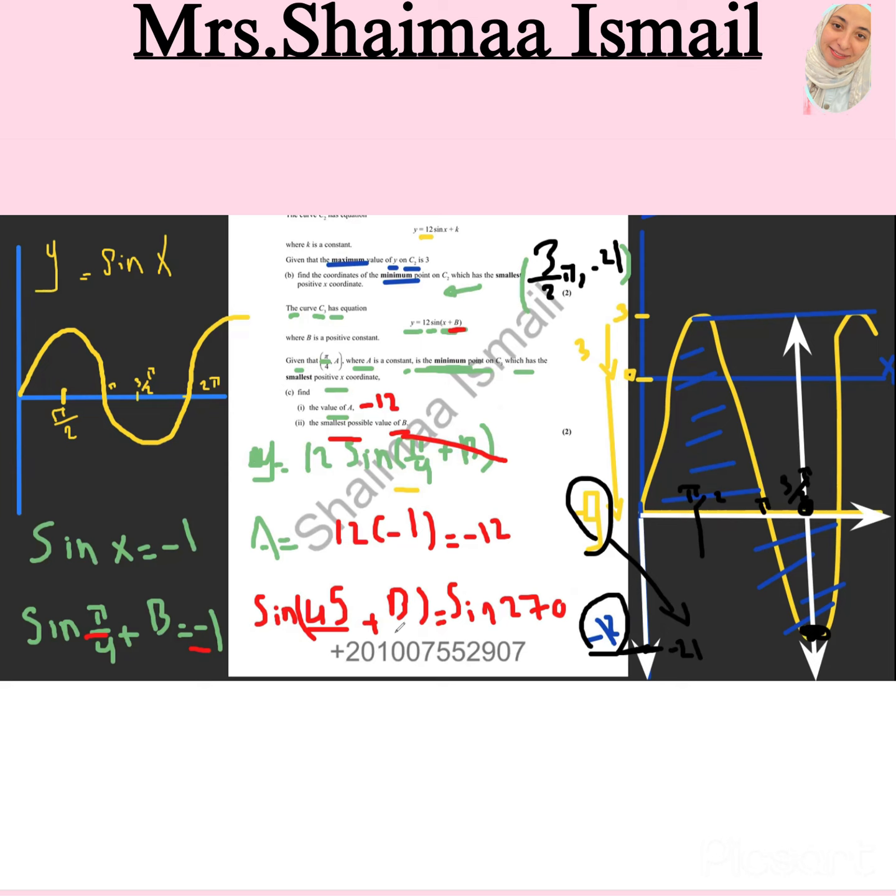So b here will be equal to 225. We're going to keep this. So b is a number equal to 225 divided by 180, times pi. After dividing by 180, this would be equal to 5 over 4 pi. We get it. Very easy question.